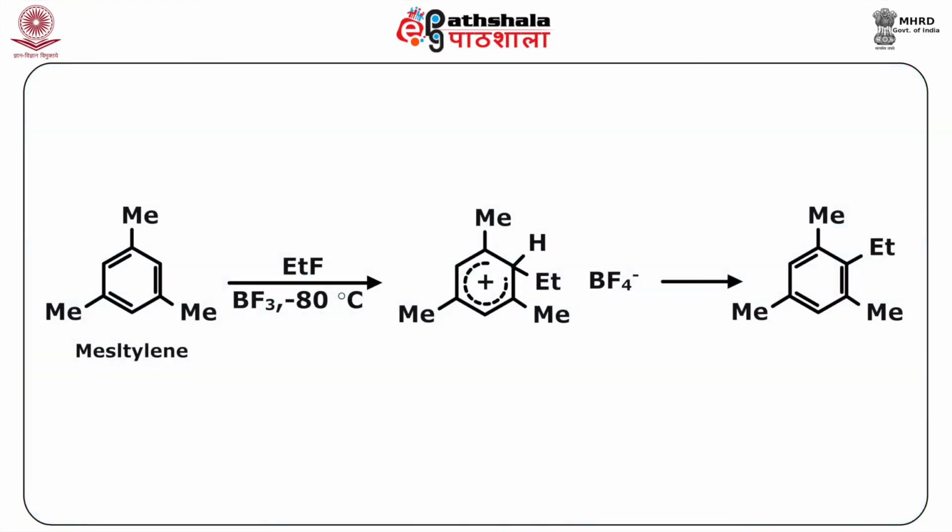The isolation of Arenium ions, in many cases, provides very strong evidence for the Arenium ion mechanism, because here, instead of isotopes and labeling, depending on the reversibility of the first step, you are actually able to isolate the Arenium ion itself, and then you can study it, and that is the clear proof that the Arenium ion mechanism does occur. When this compound was heated, the normal substitution product obviously was obtained.